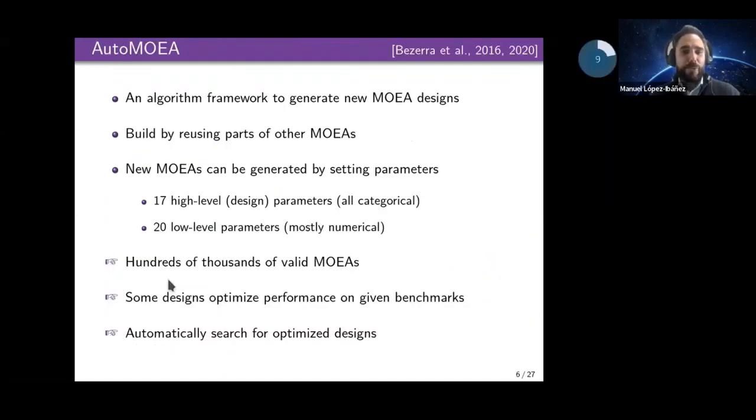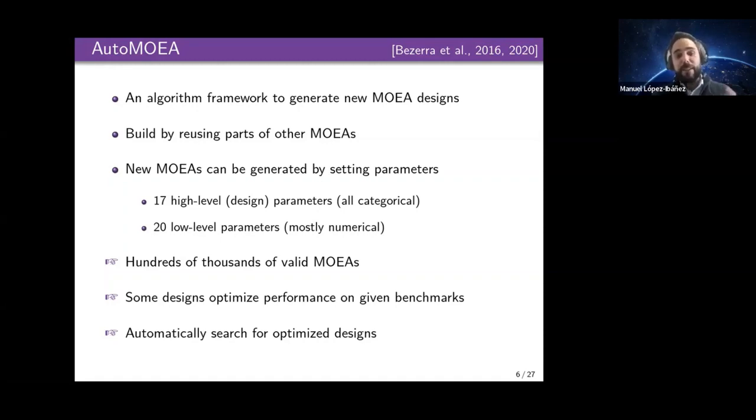So what is actually AutoMOEA? It's not an algorithm itself; it's more a framework for generating new MOEAs. It's built by taking parts from other MOEAs and allowing these parts to be recombined in ways that were never tried before. This recombination happens by setting specific parameters of the framework.